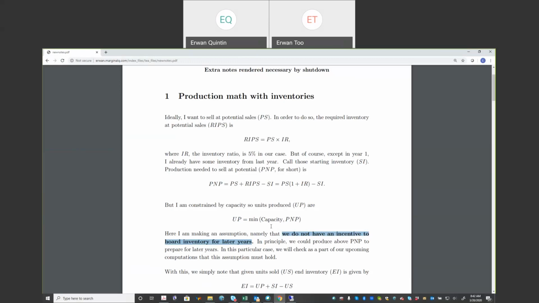Again, given the cost structure, in our case, we will be able to make the case that I do not have any incentive to hoard inventories. And since that's the case, we get this expression that units produced has to be the smaller of either capacity, which is the most I can do, and the production needed to meet potential.